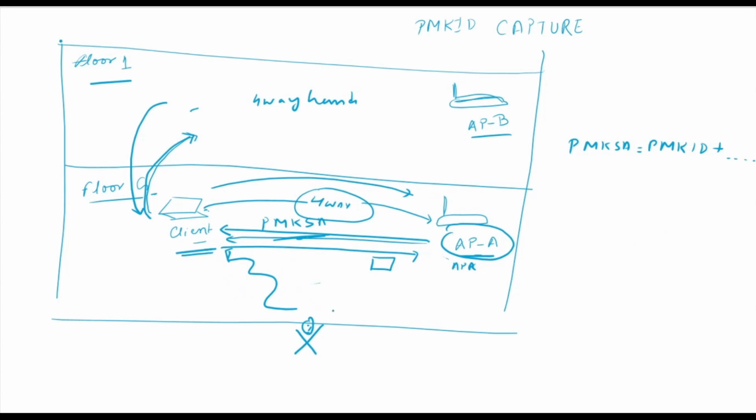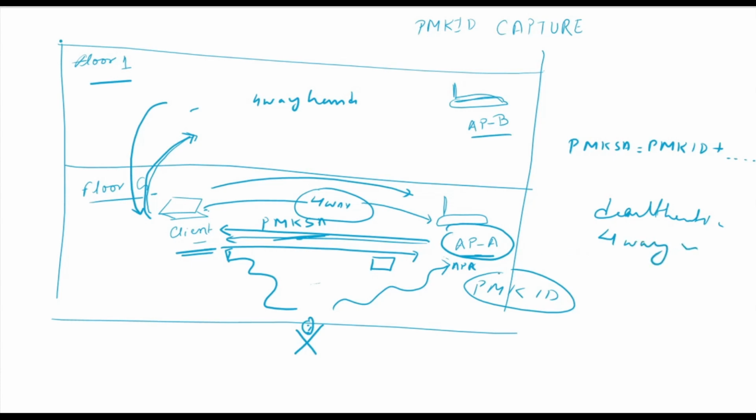We just need to scan the access point and gather the PMKID. We don't need to do any de-authentication, and we don't need to capture any four-way handshake. We just have to capture this PMKID. That's all.